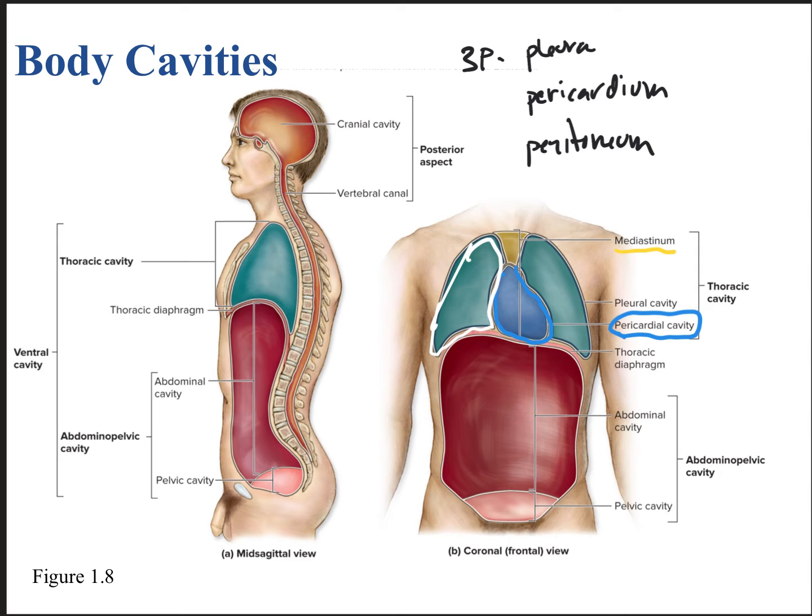If it's in the thoracic cavity, it's the visceral or parietal pleura. If it's in the pericardial cavity, it's either visceral or parietal pericardium. All right? And then finally, in the abdominal pelvic cavity, it's either visceral or parietal peritoneum.